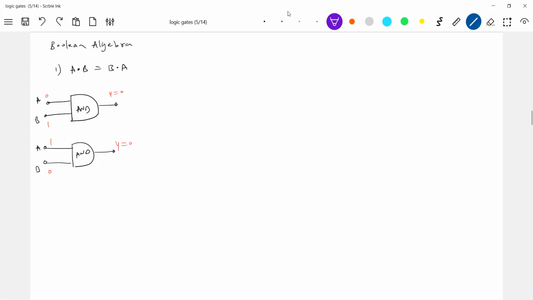Okay, now we'll go for the second one. A plus B equal to B plus A. Don't say addition. This is not the dot operation; this is the OR operation, logical OR operation. So let's take the gates.